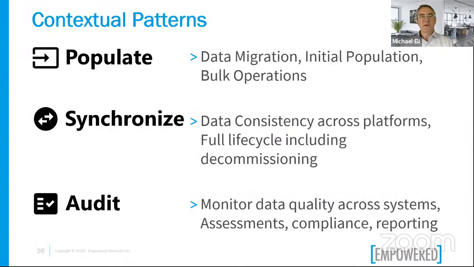On the contextual integration side, example patterns include things like populate, synchronize, and audit. In all three of these examples, the use case centers around the context associated with collections or populations of information or processes, rather than being constrained to looking at specific transactions.